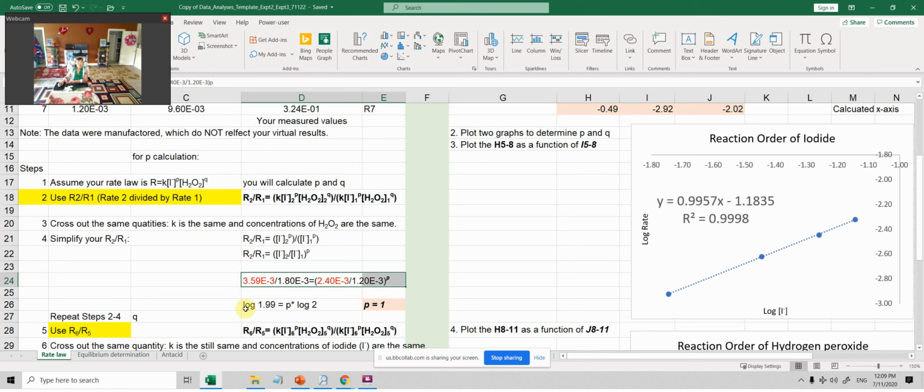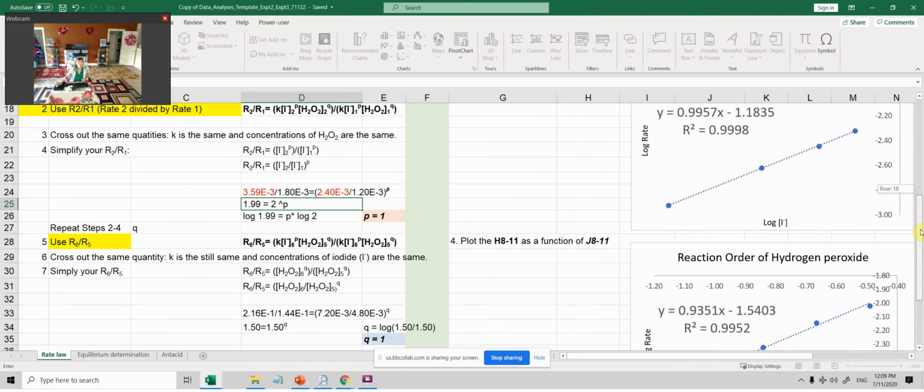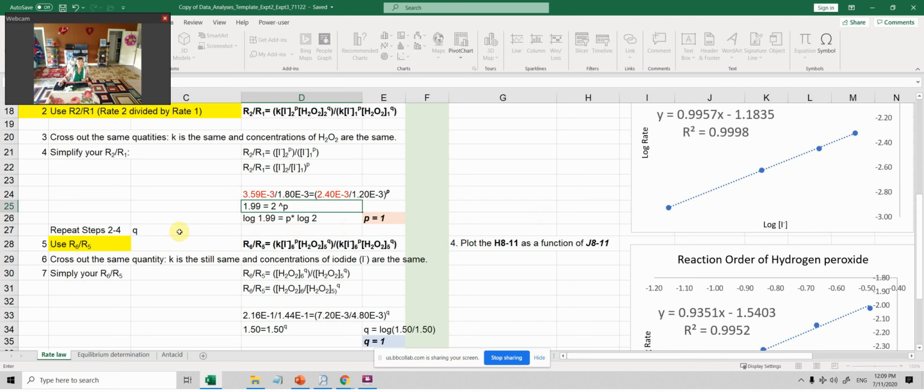Meaning, my calculation is 1.99 equals 2 to the power P. You determine P. So your P equals log 1.99 over 2, 1.99 divided by 2, take a logarithm. Approximately P is 1.